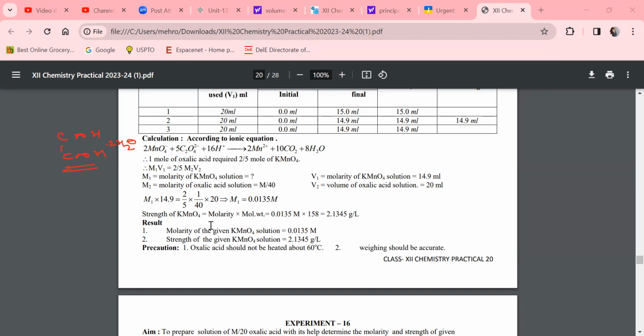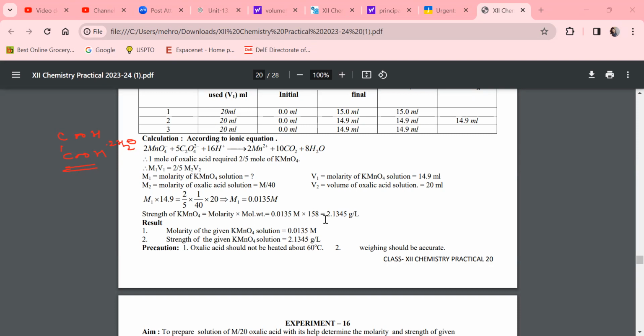And similarly for the strength, its formula is molarity into molecular weight. And the molecular weight of KMnO4 is 158. Initially, when you have started the reaction, you just find out the molarity and the molecular weight, which is 158.